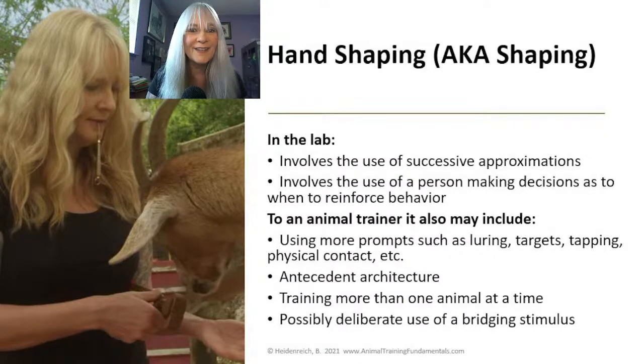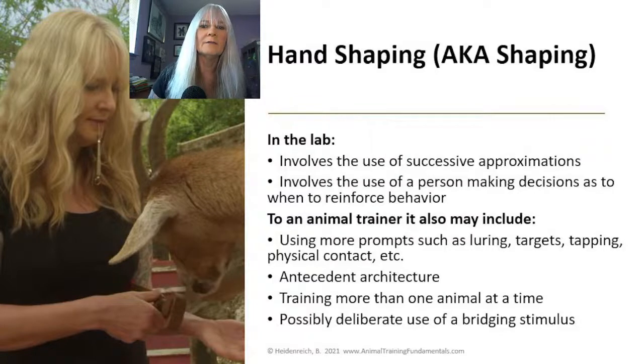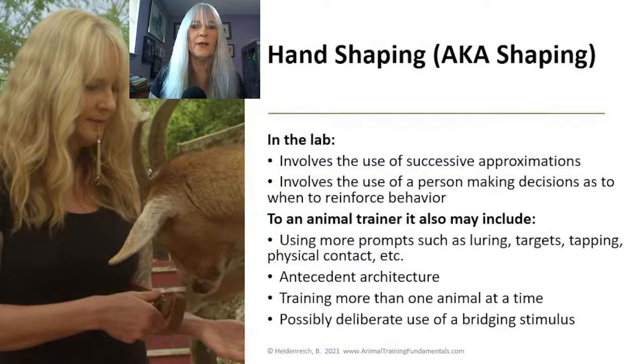Those function as a bridging stimulus, but for us, we may actively have a tool that says, we are telling you now that reinforcers are coming. So there are all these things that go into play, whereas you may think of an operant chamber.